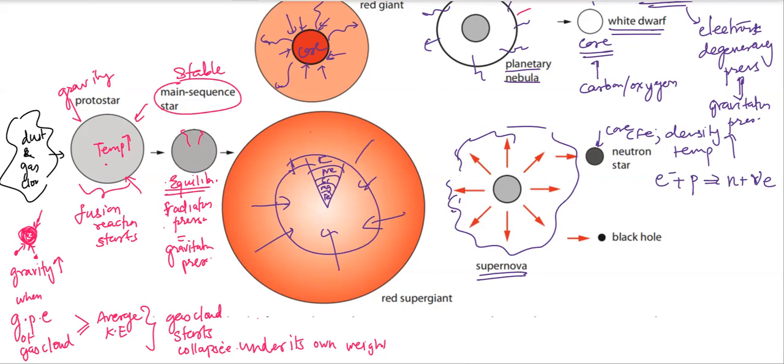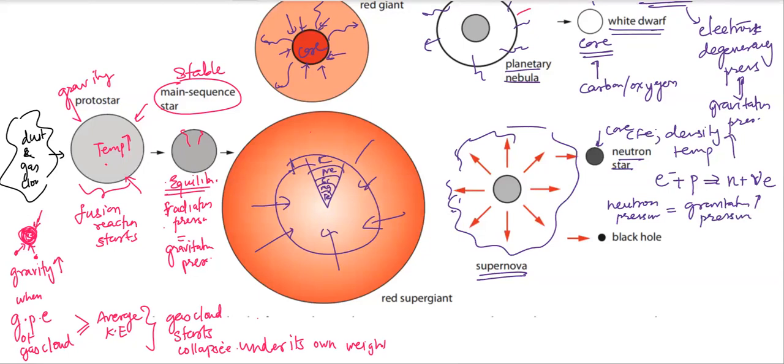And these neutrinos go out, and what remains is the neutron star, which has only neutrons. So there is no electron degeneracy pressure to hold. A neutron star is even denser than a white dwarf, and this is what is stable. So the neutron pressure balances out the gravitational pressure. Okay, so here the strong nuclear force is at play.